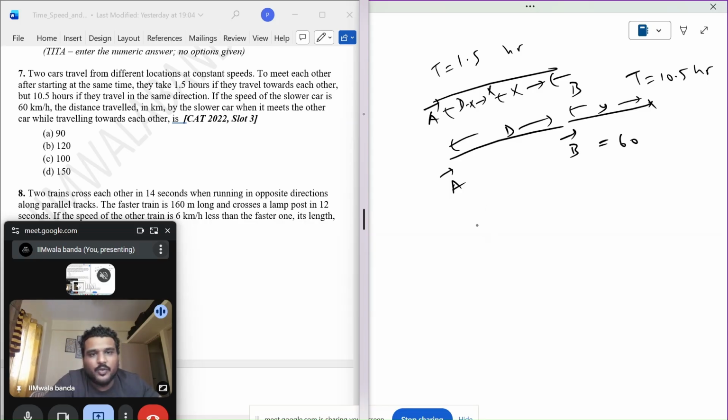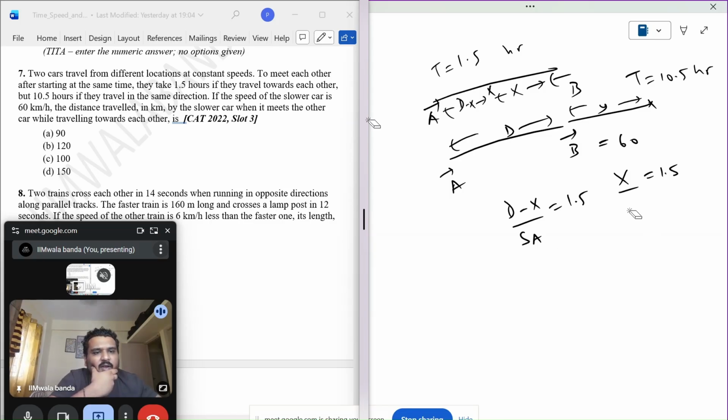So what can we do? Because they're taking 1.5 hours, one thing that we know is the distance traveled by A with speed SA in 1.5 hours, and the distance traveled by B with speed SB is also in 1.5 hours. And in this case, it is 10.5 hours, traveling in the same direction.